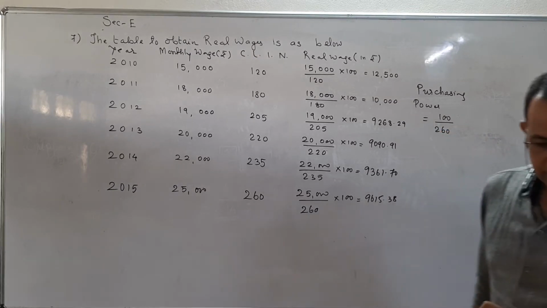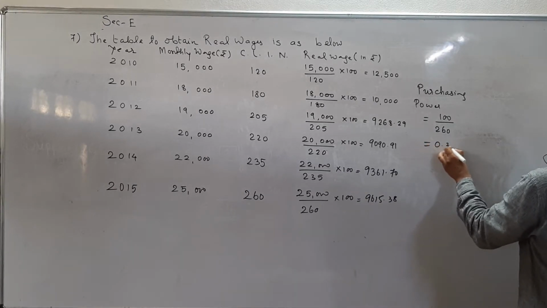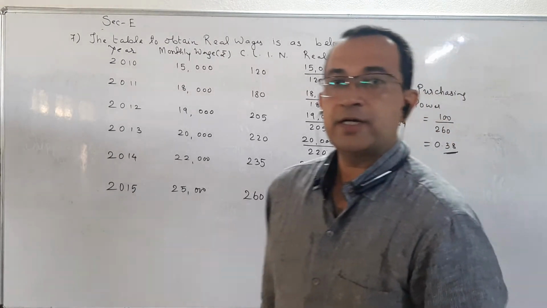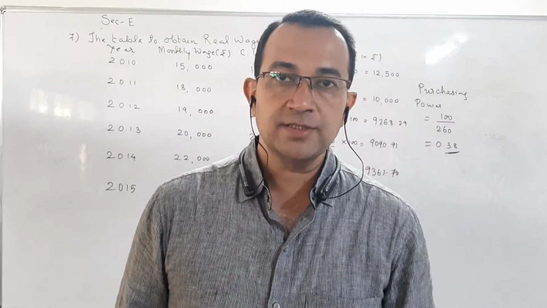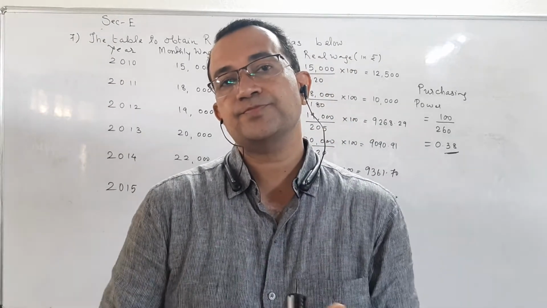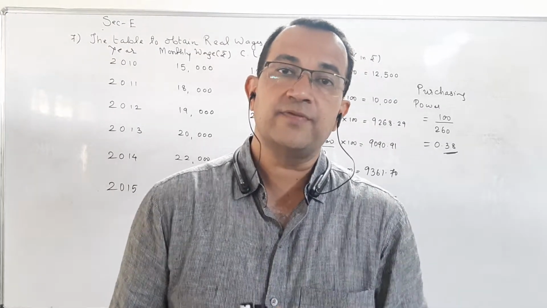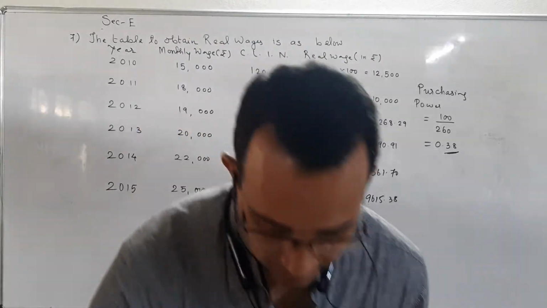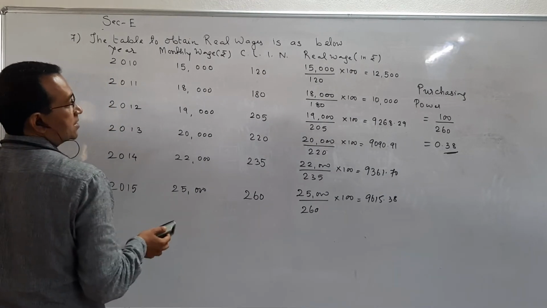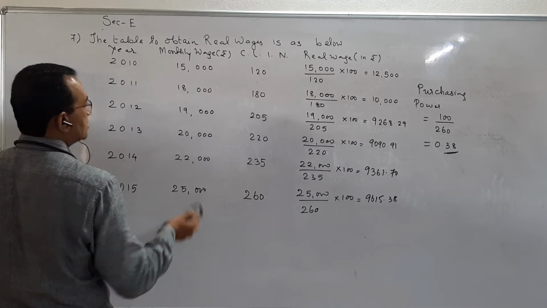If I simplify, this comes out to be 0.38, very less. So 100 rupees worth in 2008 is only worth 38 rupees. So purchasing power has decreased significantly. Purchasing power, students, was only for 2015, so it is 100 upon 260.